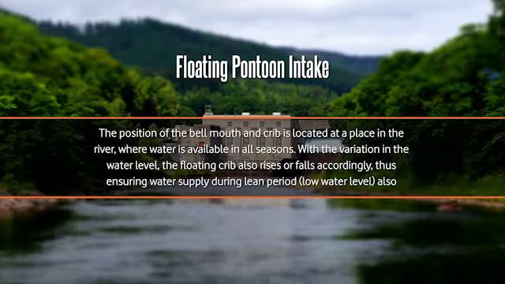The position of the well mouth and the crib is located at a place in the river where water is available in all seasons. With the variation in the water level, the floating crib also rises or falls accordingly, thus ensuring water supply during the lean period. Lean period means low water level.